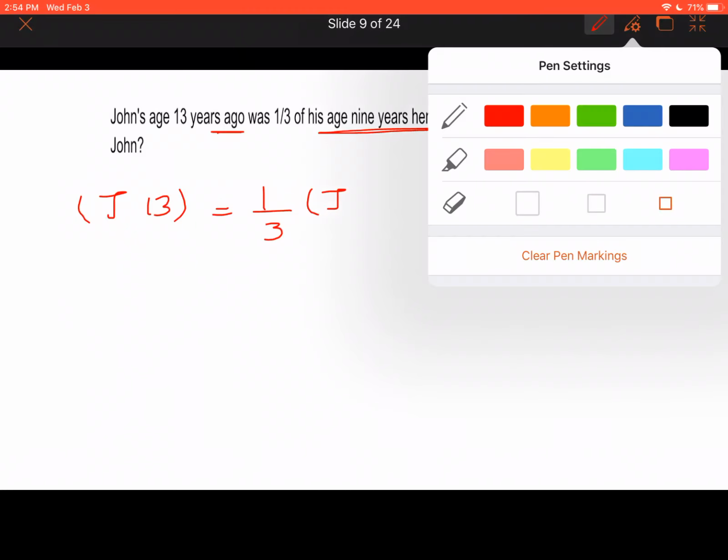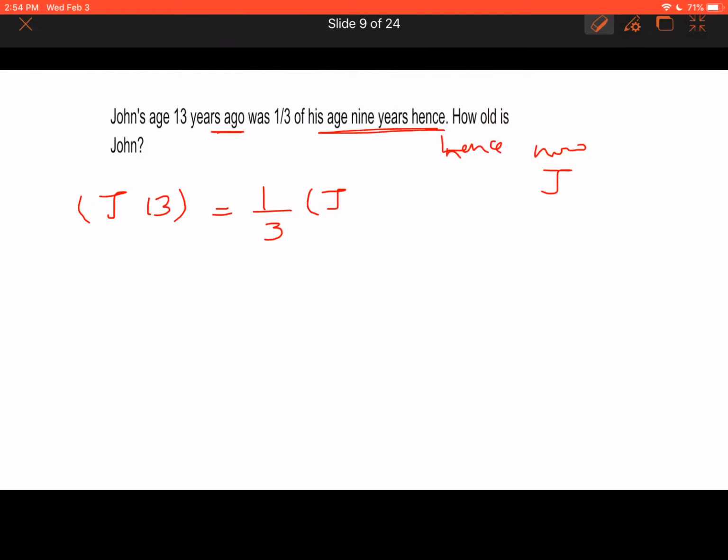Maybe we can use some correct words. Maybe I can put past. This future is hence. So past is 13 years ago: J minus 13.